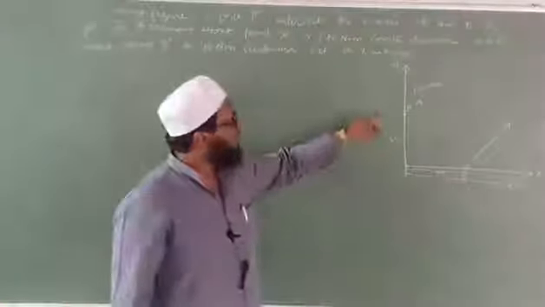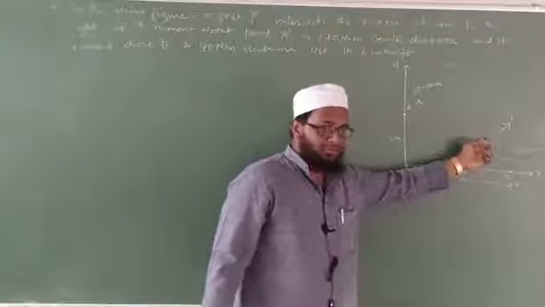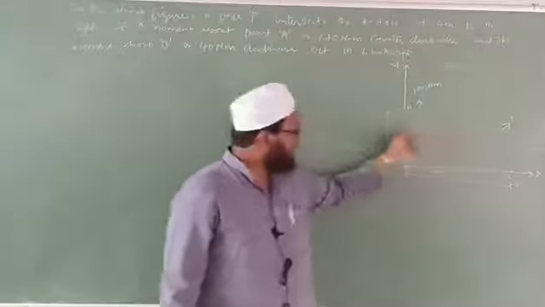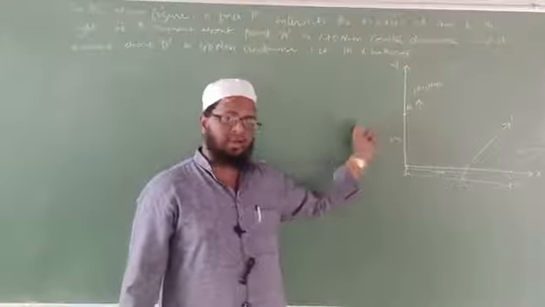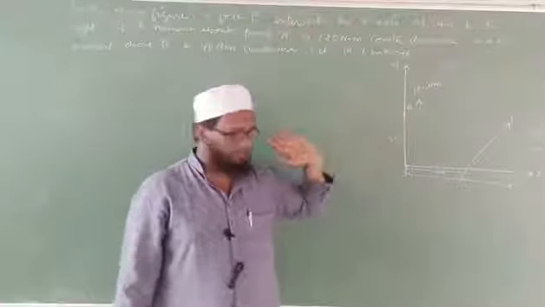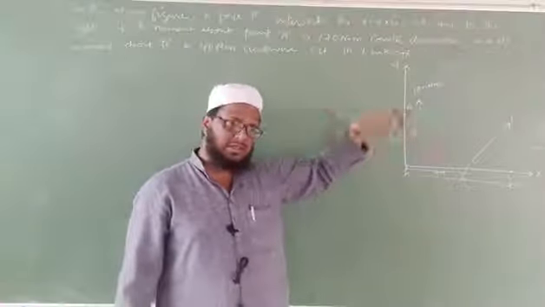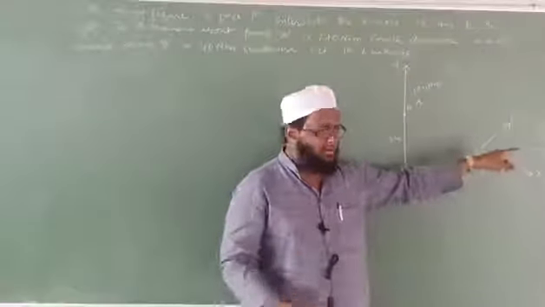So the moment due to this force at point A is how much? 170 Newton meter anti-clockwise. Counterclockwise and anti-clockwise are both the same. Clockwise is something which is going in clockwise.